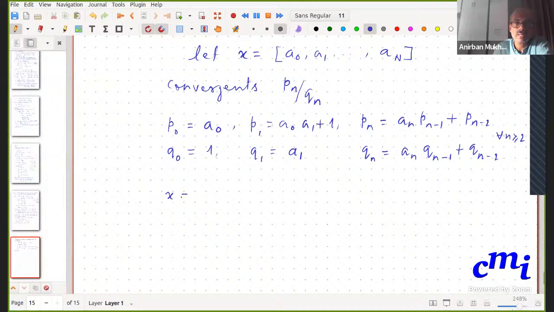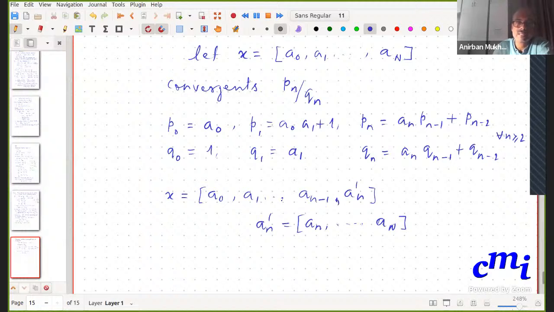So x also can be written as A naught, A1, say up to An minus 1, and then the rest of it you can put as An dash, and this An dash is obviously the continued fraction starting from An. So this part you are just writing as a single entry, and these are called nth convergence. So this is nth complete quotient.